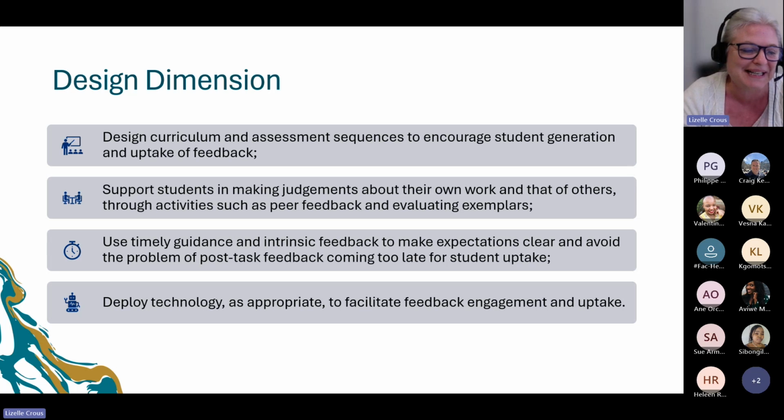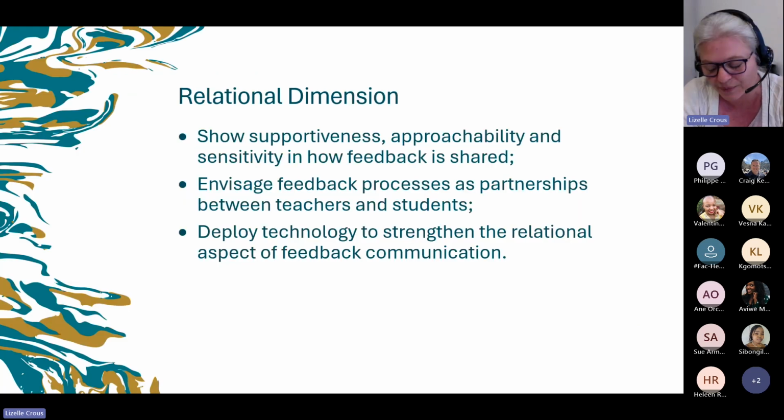Okay, good. So then we are moving on to the next dimension that we need to consider as teachers when we are developing feedback literacy in our students, which is the relational dimension, which has its focus solely embedded in the affective domain.